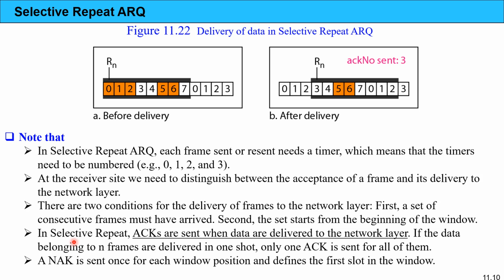Not acknowledgement means I am waiting for the first frame. I received one frame with an error, or one frame out of order, but I am still waiting for the first frame in the window. So the number of the not acknowledgement will be the number of the first frame in the window.